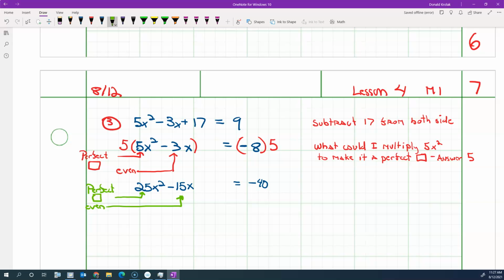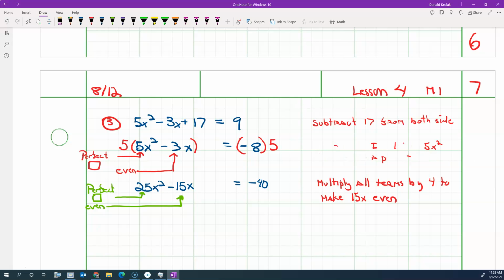So now we're going to have to multiply both sides, or multiply everything. I'm going to multiply all the terms by, what did you say, 4? By 4 to make 15x even. So you had to multiply two things.